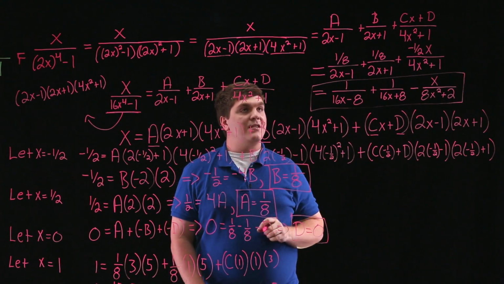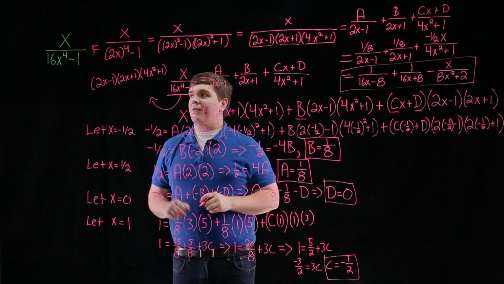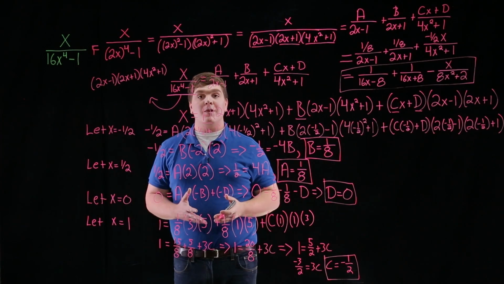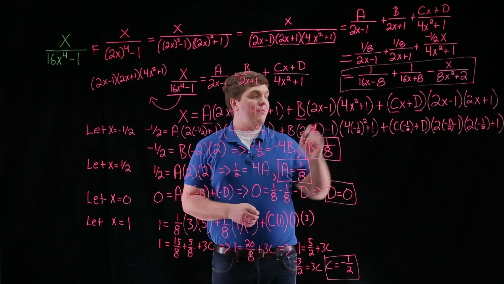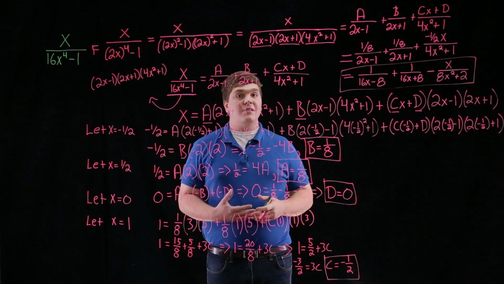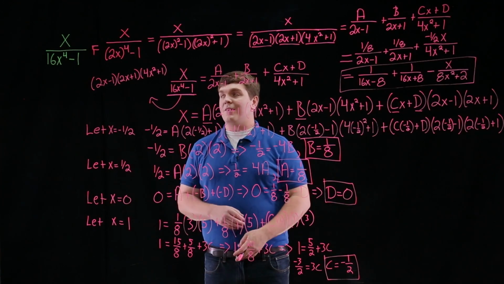So there is the partial fractions decomposition of x divided by 16x to the 4th minus 1. Now we need to check and make sure that this is the partial fractions decomposition of our original expression.